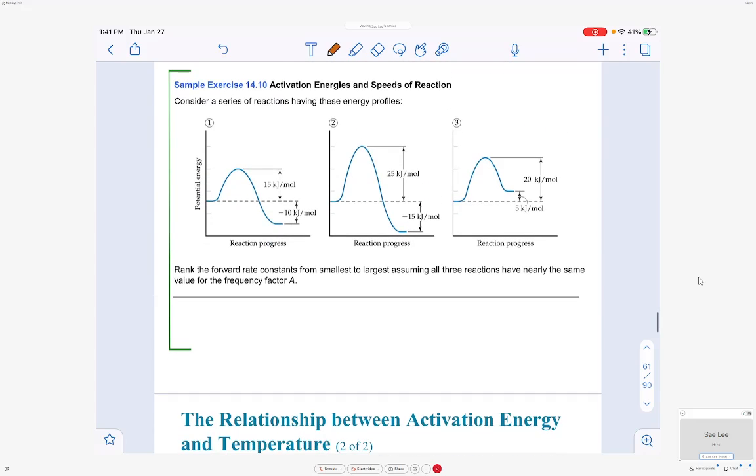Okay. Let's do a quick sample exercise. Consider a series of reactions having these energy profiles. This is the energy profile for experiments 1, 2, and 3.